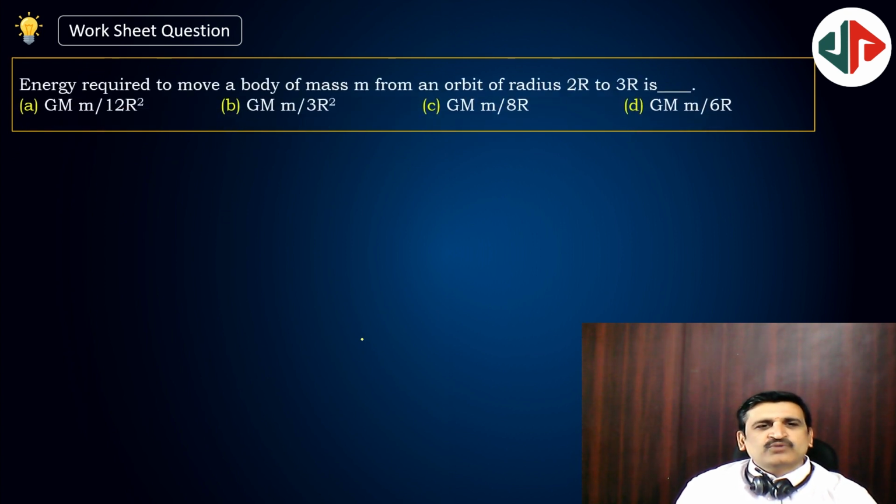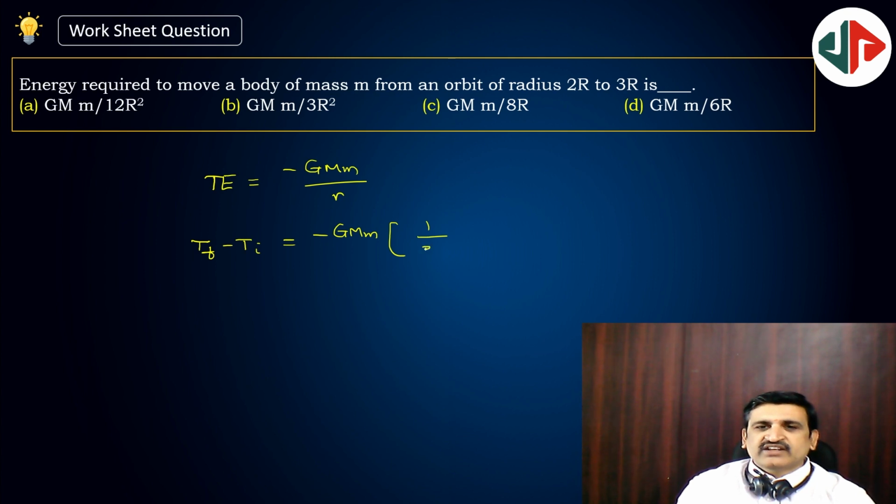Next, energy required to move a body of mass m from an orbit of radius 2r to 3r. Total energy in an orbit is given by minus GMm by 2r. So total energy final minus total energy initial is equal to minus GMm by 2 common, 1 by 3r minus 1 by 2r.